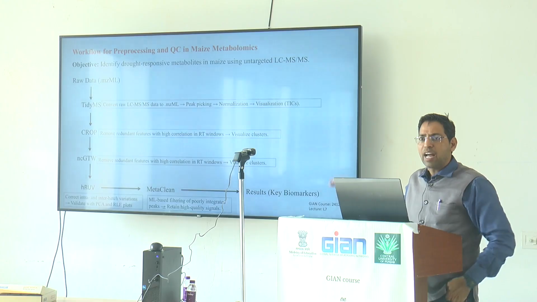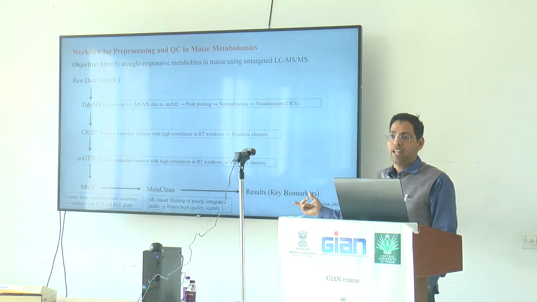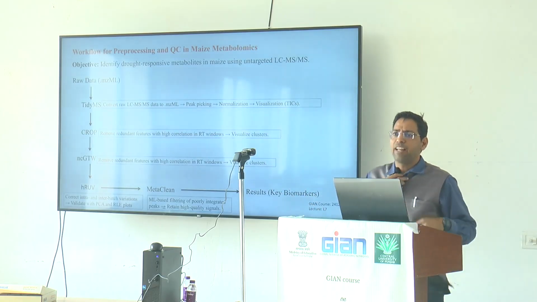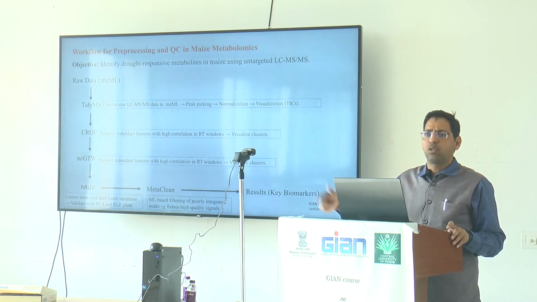And then you can use HRUV, then MetaClean, and finally the K marker comes here. So everyone is used, but it is a pipeline where you have to use one tool before another one.